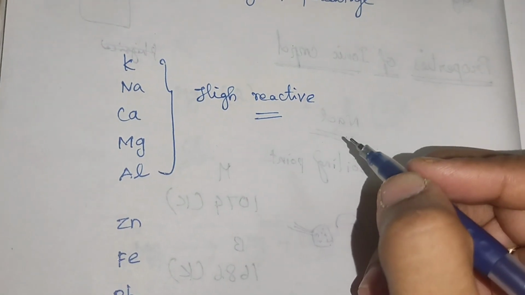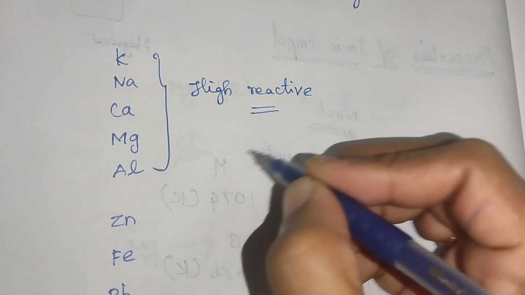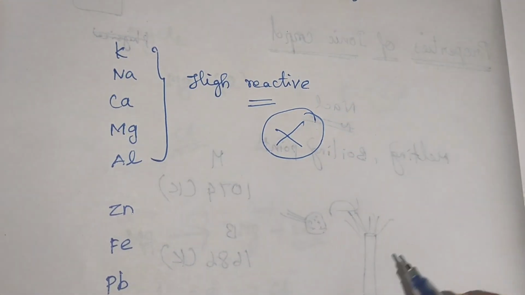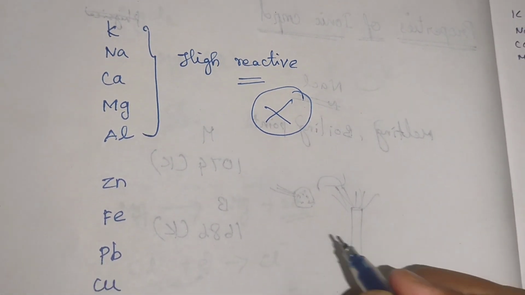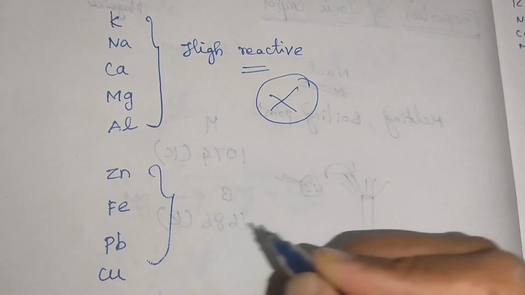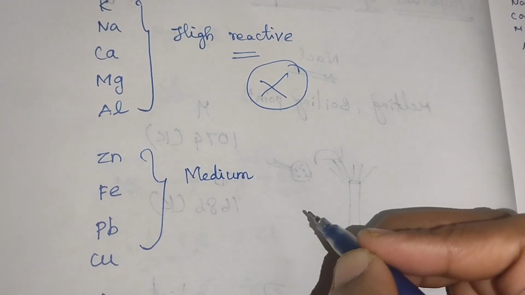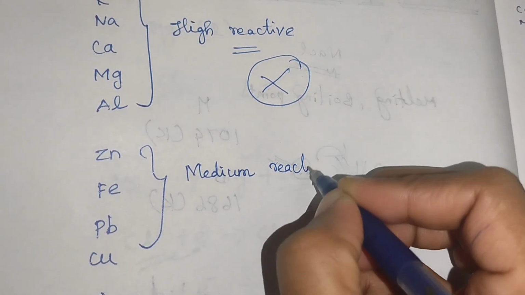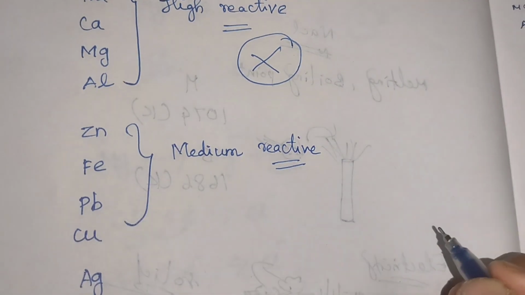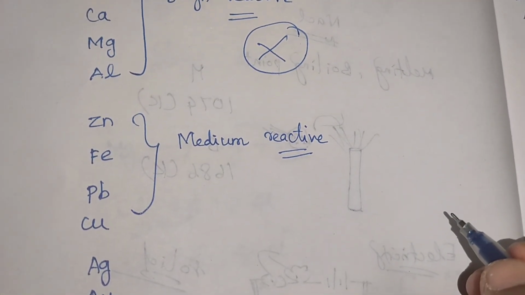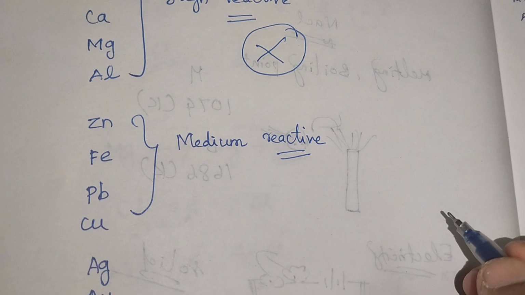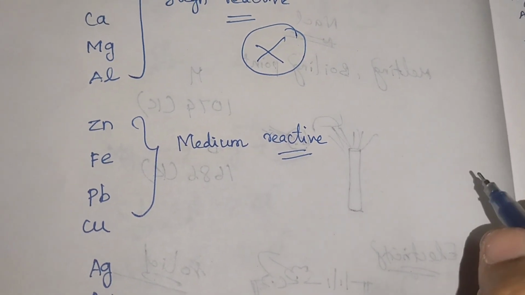We cannot find these metals in nature as free elements. And second, the medium reactive metals. These metals can be extracted from the earth crust in the form of oxides, sulfides and carbonates.